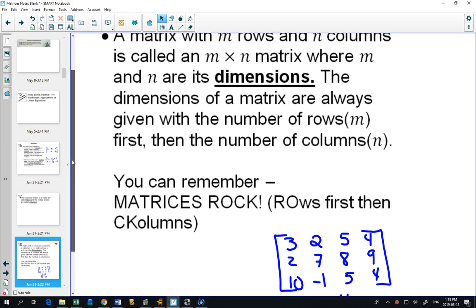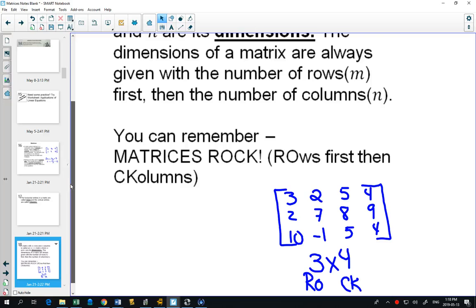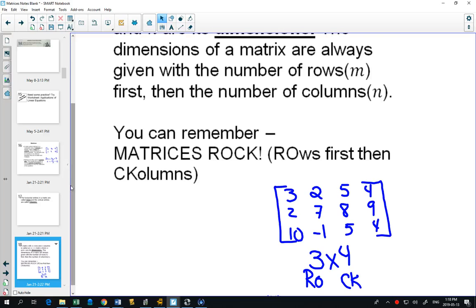So if I have this matrix here, it has 3 rows and 4 columns, so we would say the dimensions of this matrix are 3 by 4. Matrices rock. And that'll be easier for you to remember, and it's important for a lot of the mathematics that we do with matrices.